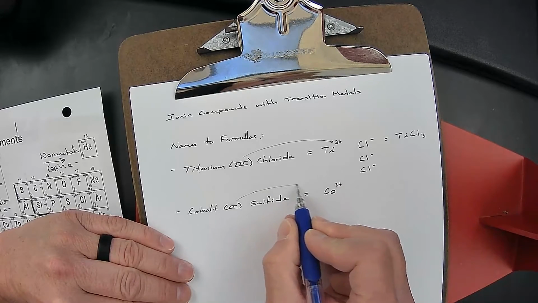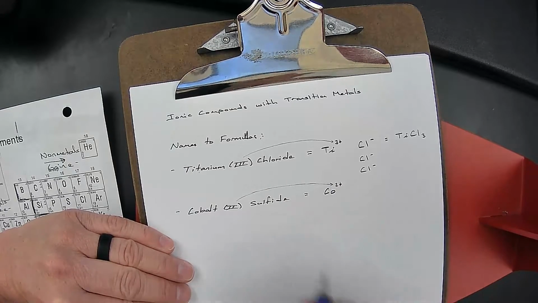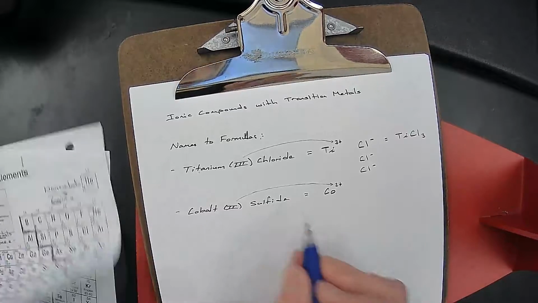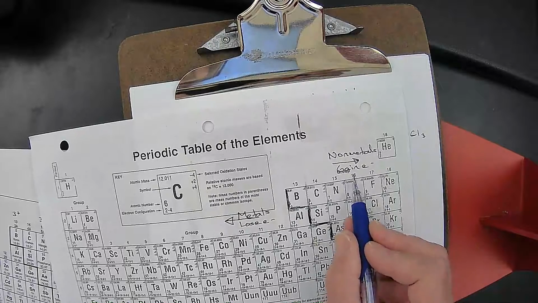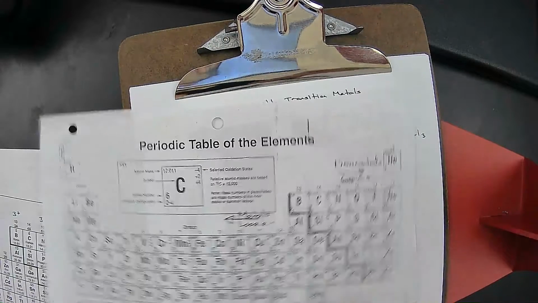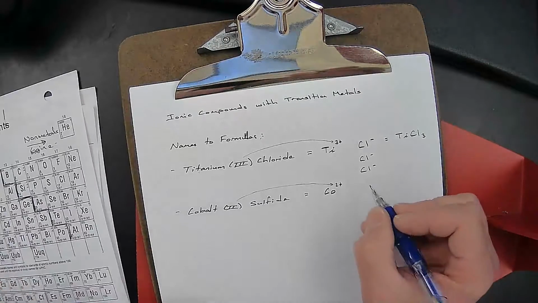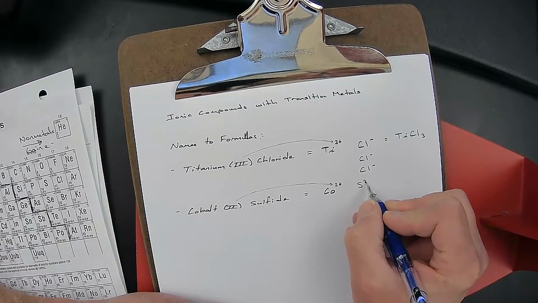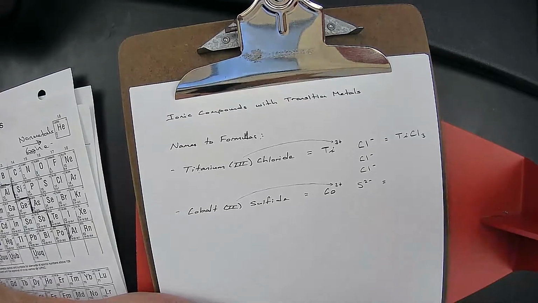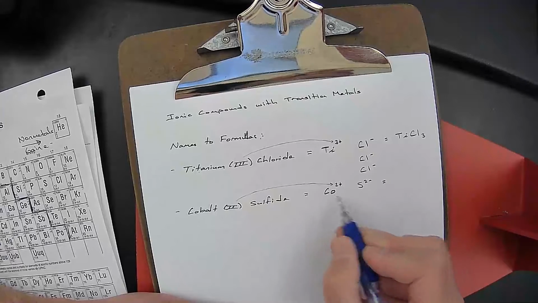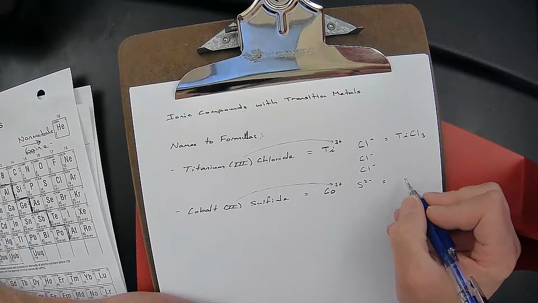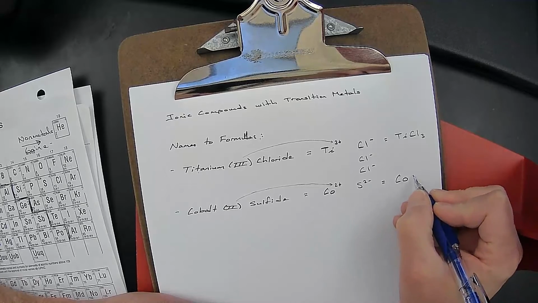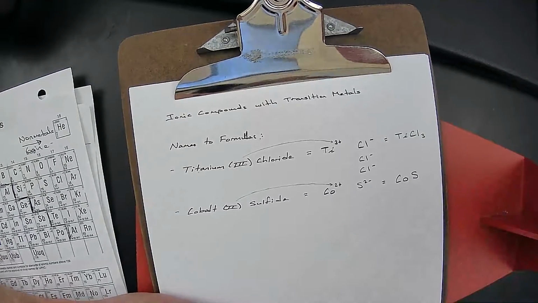That's what the Roman numeral indicates. The sulfide ends in IDE, so we know it came from sulfur, which is in column 6A, so it's a 2 minus, an S with a 2 minus charge. We don't need to add any more pluses or minuses. The 2 plus and the 2 minus cancel, so this becomes CoS.